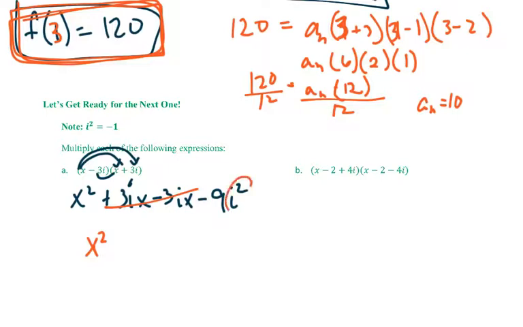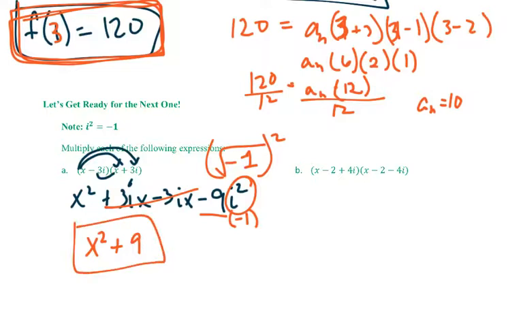And then i squared is equal to negative 1, because i is equal to the square root of negative 1, and if I square that, that's equal to just negative 1. So negative 9 times negative 1 is equal to plus 9. So if you multiply an imaginary number times its conjugate, the middle terms cancel out.